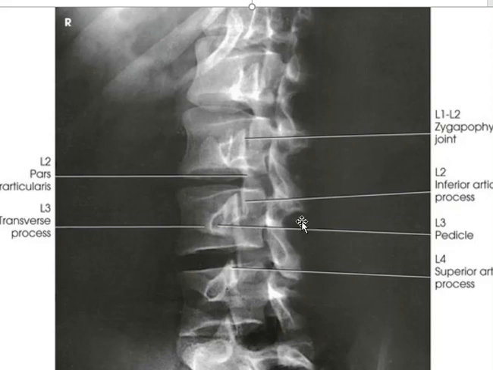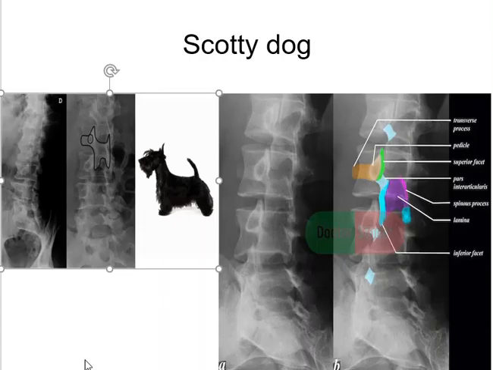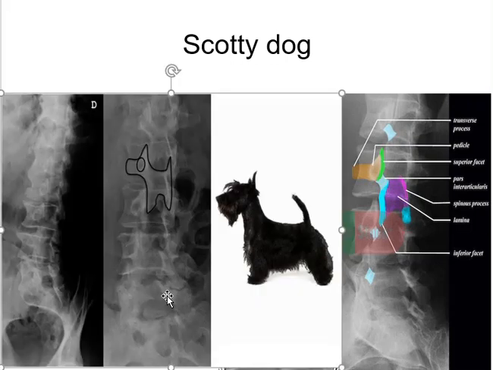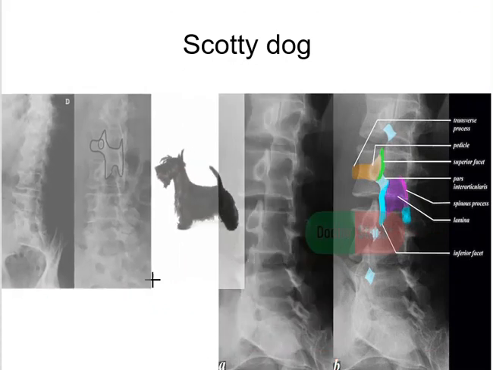The pars interarticularis is kind of like the neck, so to speak, just this area right through here. So that's what you want to see on oblique, is the Scotty dog. And this is with a drawing of the Scotty dog itself. Hopefully that helps you to identify the individual parts of it.